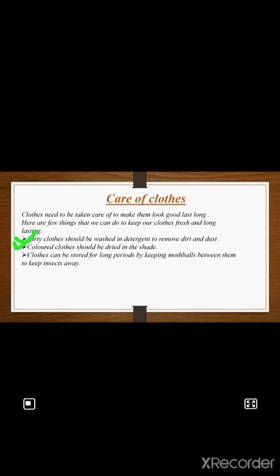We always use a shade to dry colored clothes, right, children? And the 3rd point is clothes can be stored for long periods by keeping mothballs between them to keep insects away, right? What we need to do to keep our clothes long lasting, we should use mothballs or neem leaves.